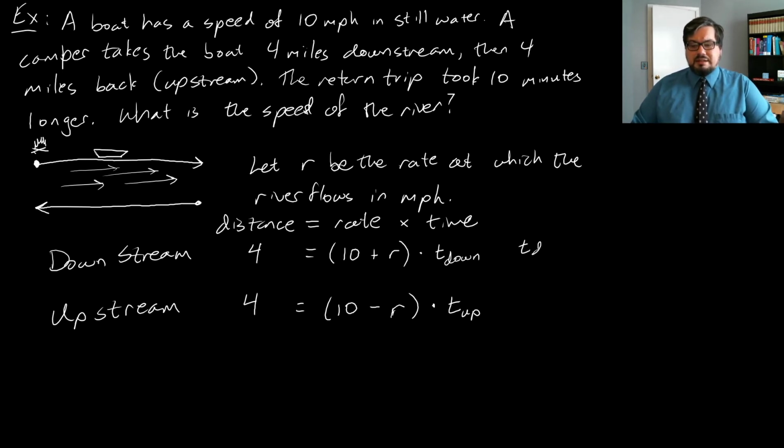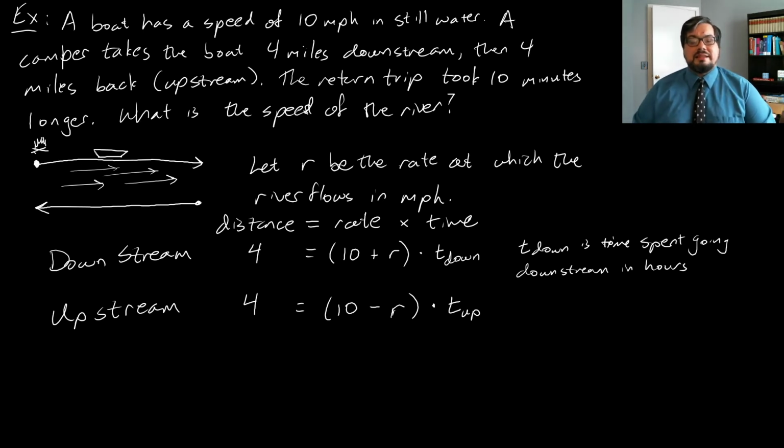Now we are introducing new symbols here, so we should be precise about this. So T down is the time spent going downstream in hours. Now this is very important. When you look at the distance equals rate times time formula, everything absolutely needs to be consistent.